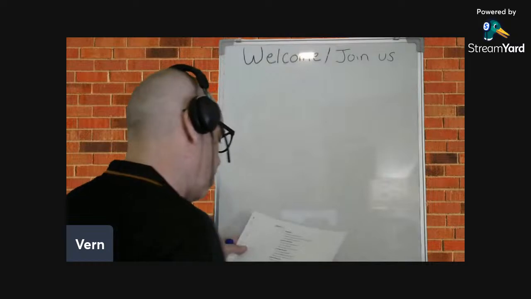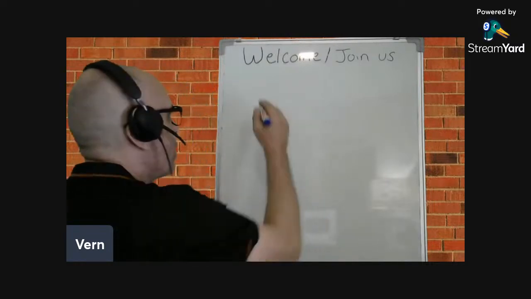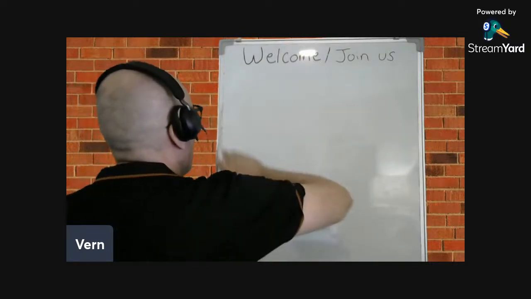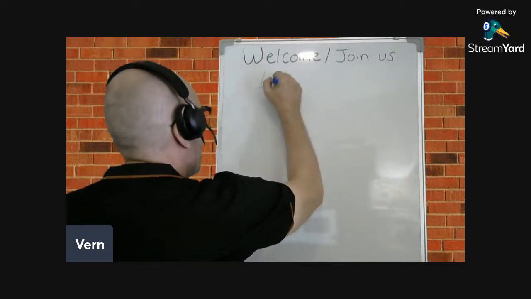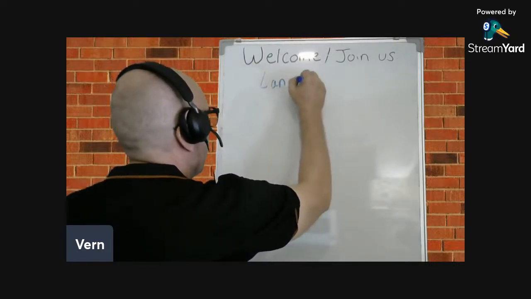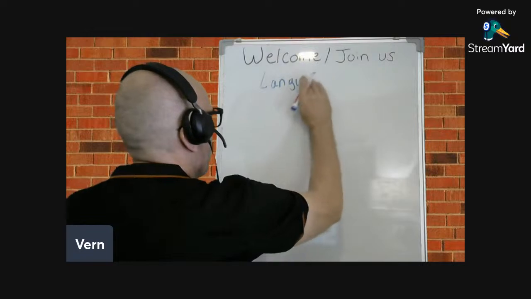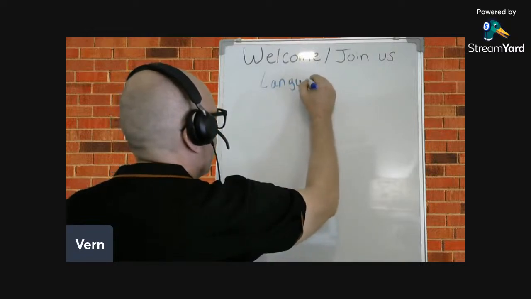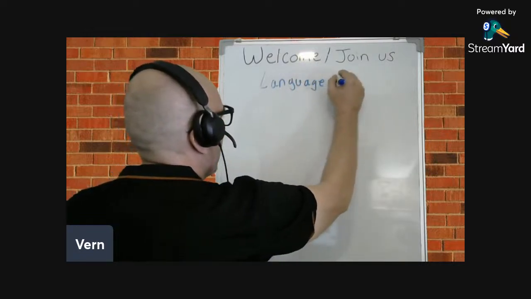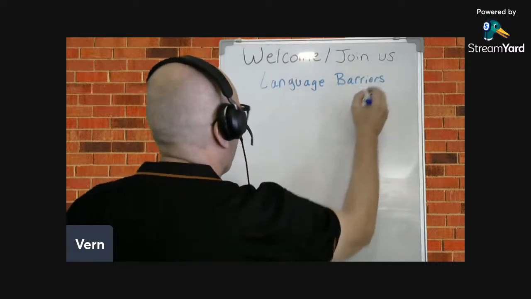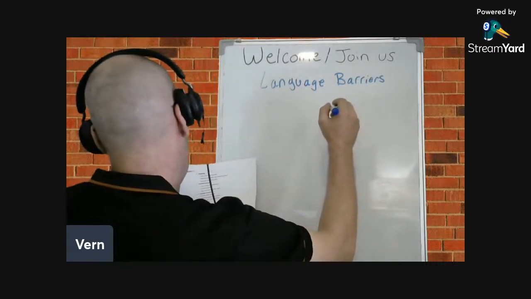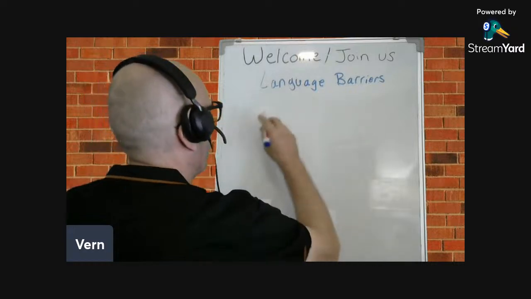All right, so let's start with language barriers. We're just going to have some basic, simple dialogues, nothing too complicated. Language barriers. Let's see if I spell it right here. Barriers, yeah. Okay.